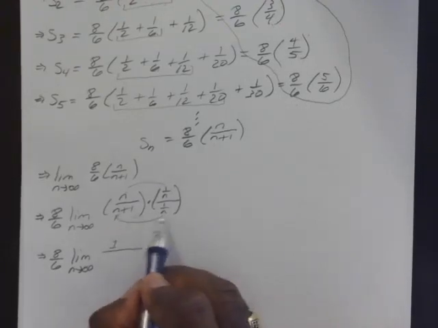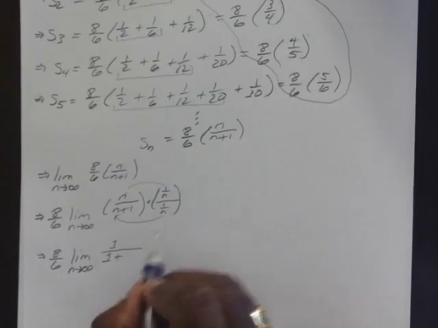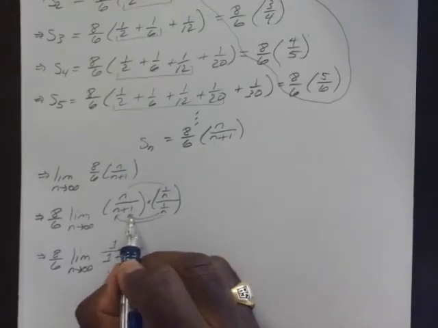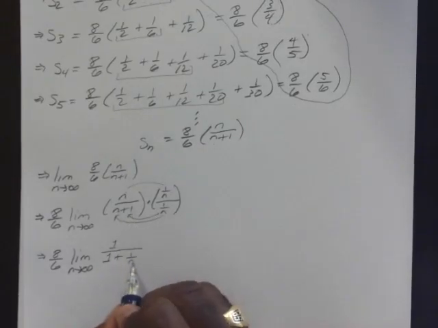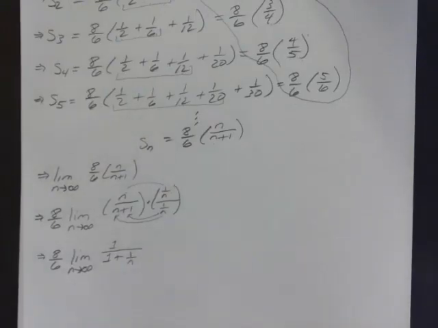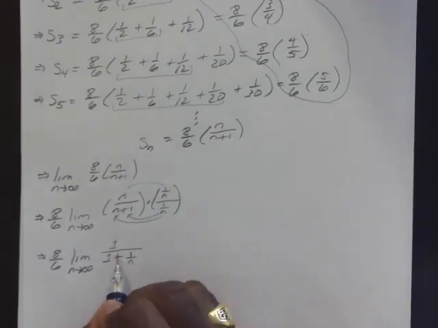And n times 1/n again is 1, plus 1/n times 1 is just 1/n. Make that a little clearer. There we go.